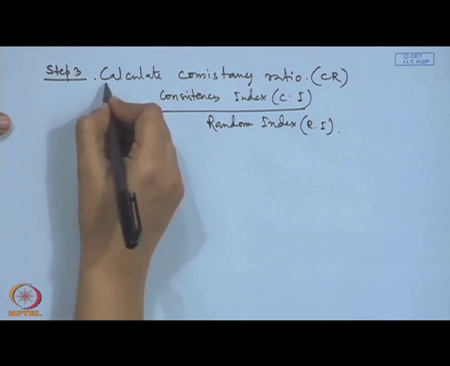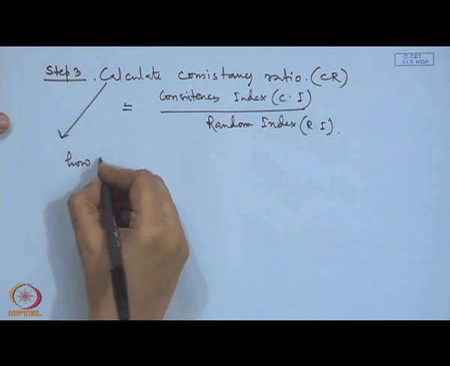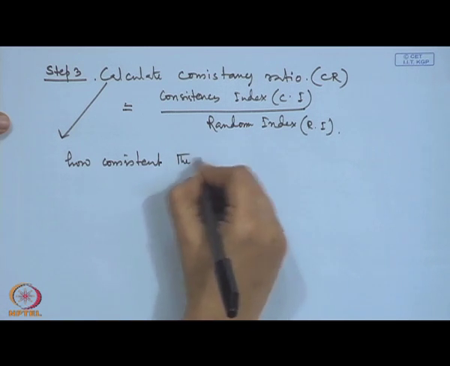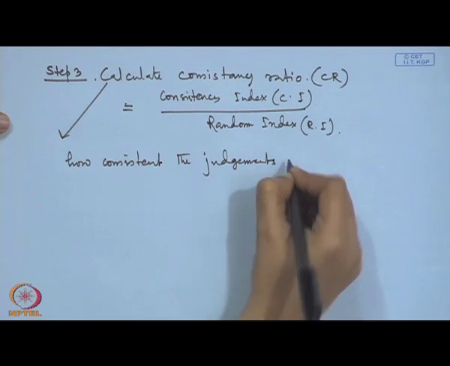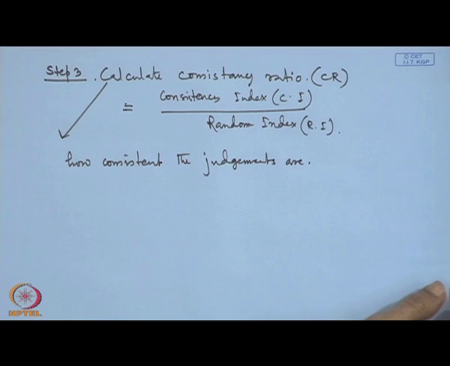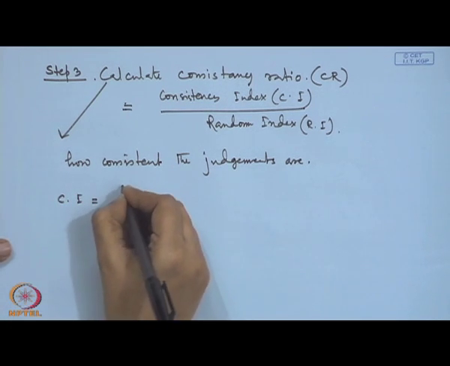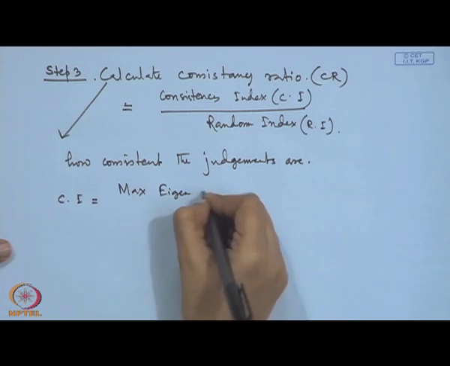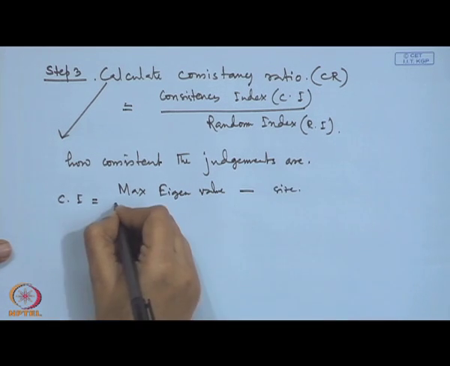The consistency index CI is calculated as maximum eigenvalue, largest eigenvalue, minus size of the matrix, that is n.